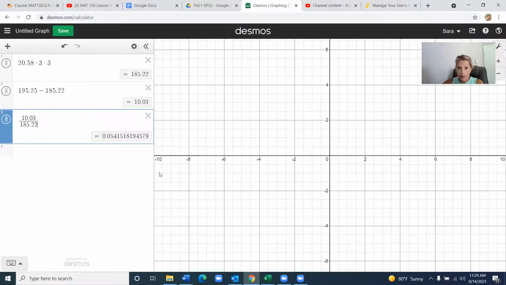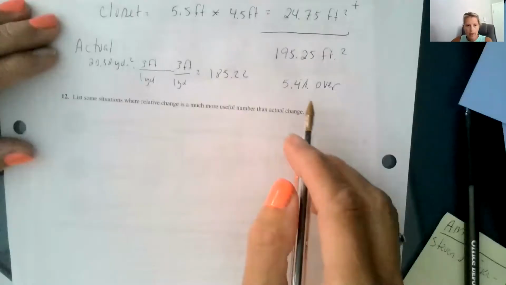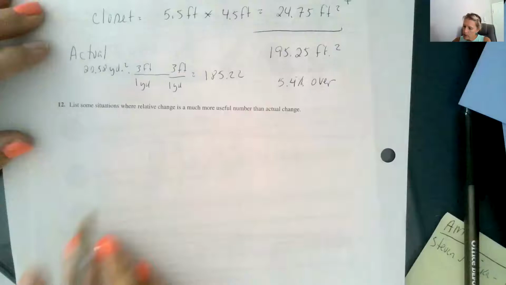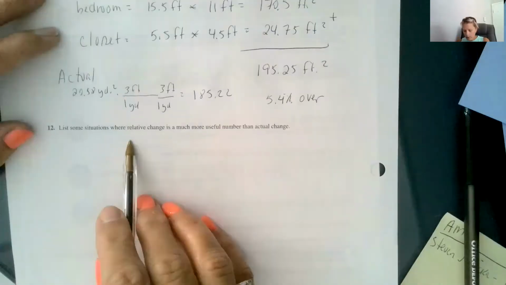So that's a better way than what we had before. So let me go back and share my paper here so you can see that. 5.4%. And then it says, list some situations where relative change is much more useful than actual change.